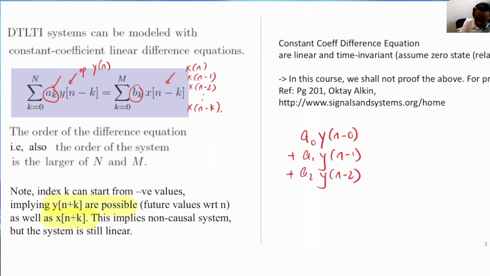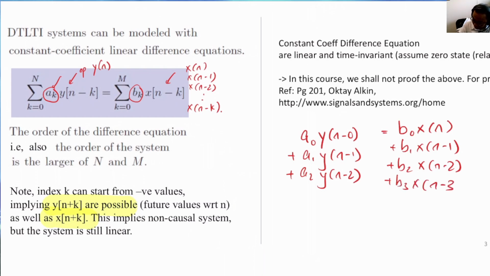Let's just consider that we only have n equals 2 for this problem, equals b0 x[n] plus b1 x[n-1] plus b2 x[n-2] plus b3 x[n-3], and we stop here for m. Now let's also assume that a0 equals 1 first, and if a0 is not equal to 1, we divide the whole equation by a0.